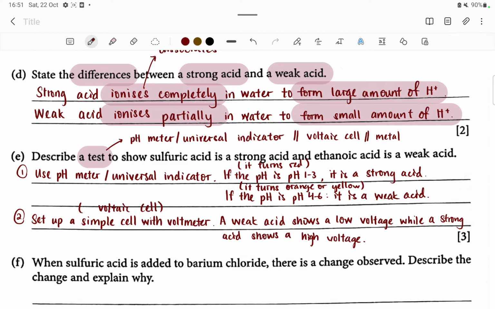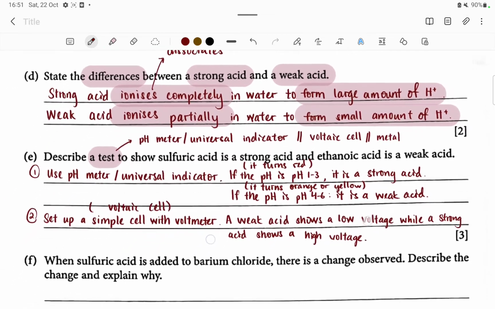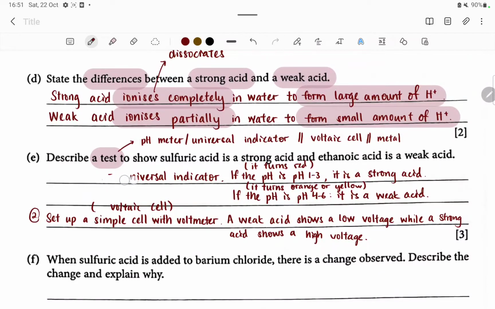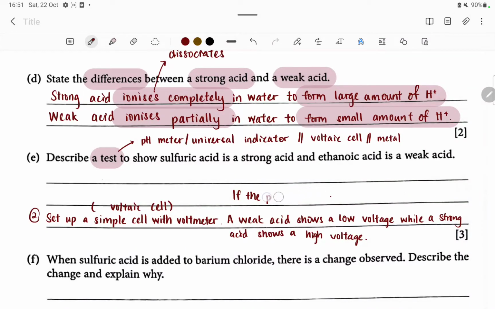So the third way, I don't have enough space, so I think I have to rub off the first one. Okay, so this third one is the acids, add what metal can we use?